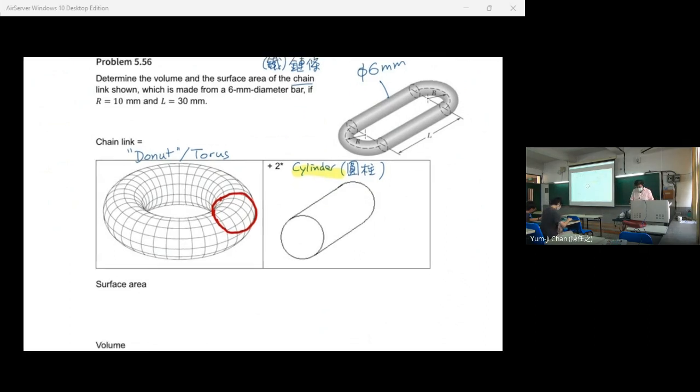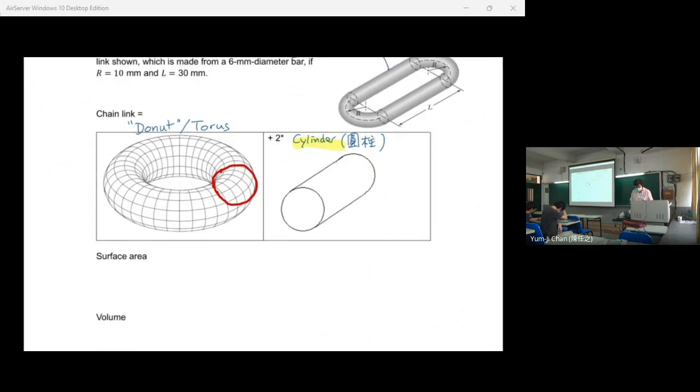So how do we determine the surface area? On the left hand side we have A1, and the surface area of a cylinder is called A2.